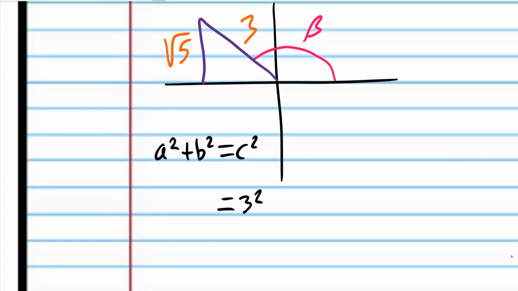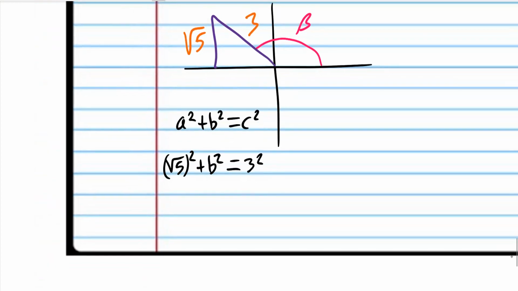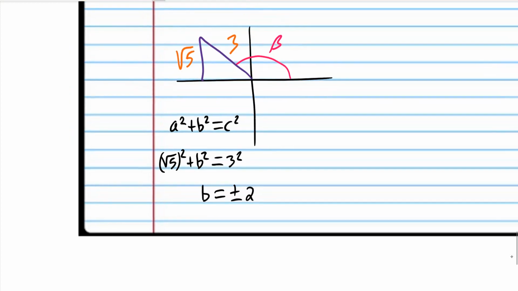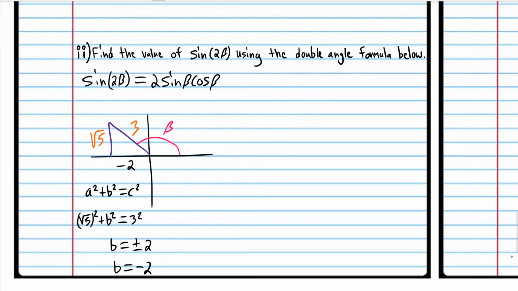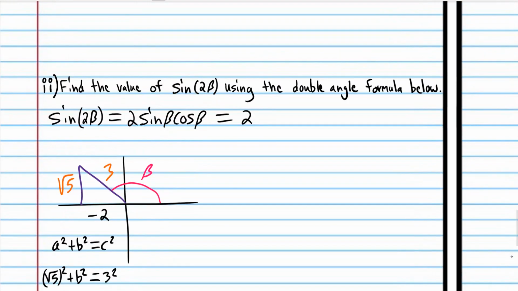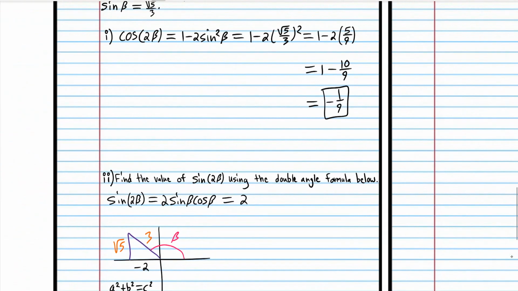We have 3 squared is equal to b squared plus root 5 squared, and b is going to be equal to plus or minus 2. But you can see that it must be negative 2 because that side is to the left of the y-axis. So now we can easily find cosine beta.